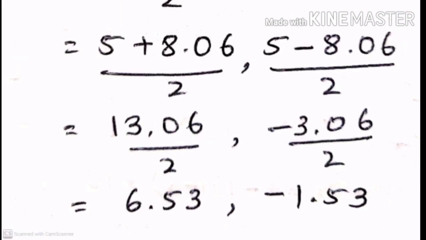So here after the calculation I get two values up to 2 decimal places: 6.53 and minus 1.53. This way if you get up to 2 places all the values should be correct. If it is not correct you will lose your mark, and it is very compulsory to get your answer up to 2 decimal places as per the instruction given in the question.